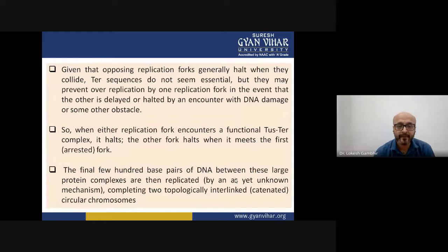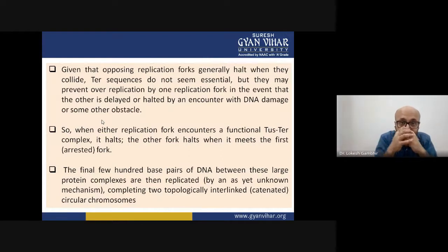So you see, when either of the replication forks encounters it, it can dissociate itself, and the functional TER sequence bound to a TUS protein will encounter the replication fork and cause the termination and dissociation of that particular part.